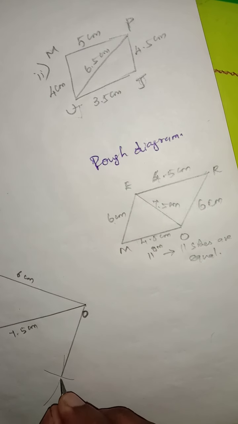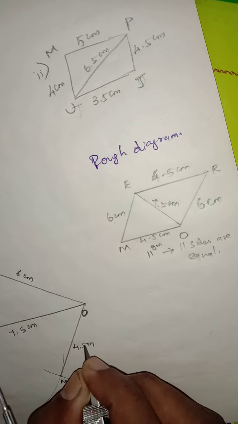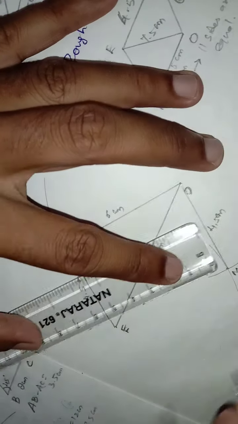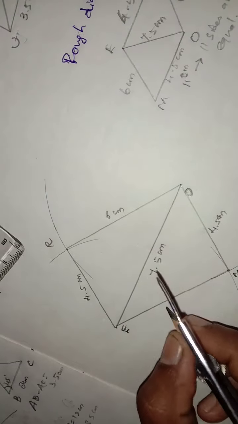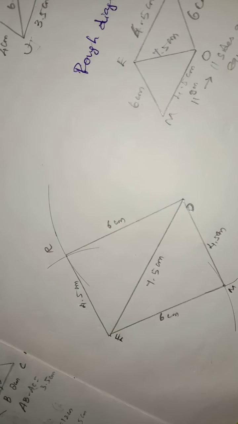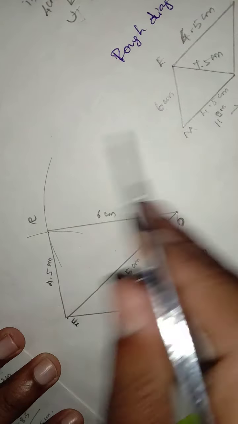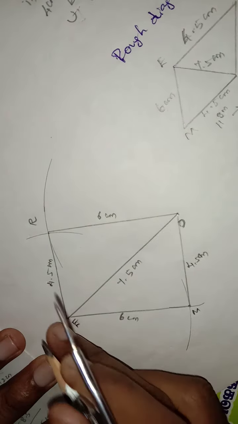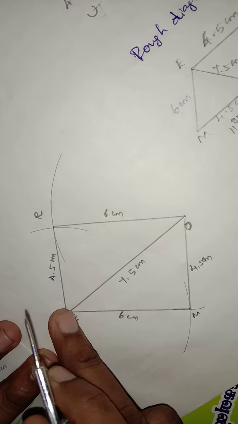This is the meeting point, this is M, this is 4.5 centimeter, and this is 6 centimeter. So this is the actual parallelogram MORE, and this is the diagonal. We got the parallelogram, opposite sides are parallel, and the diagonal is 7.5 centimeter.